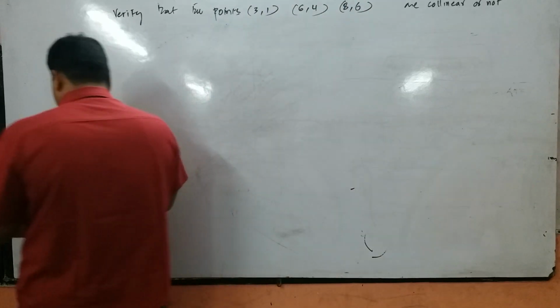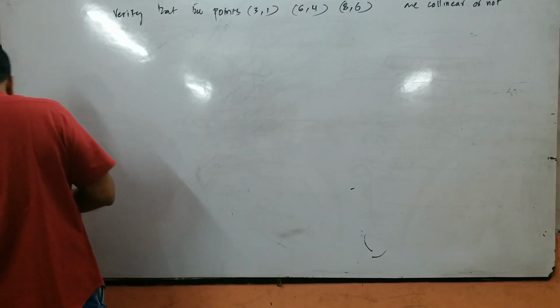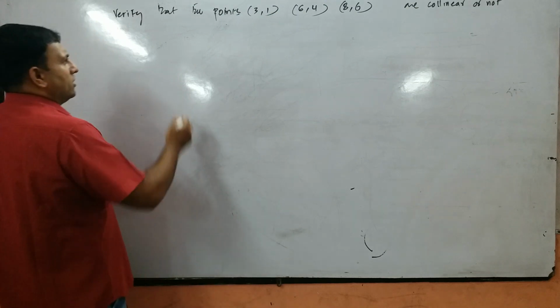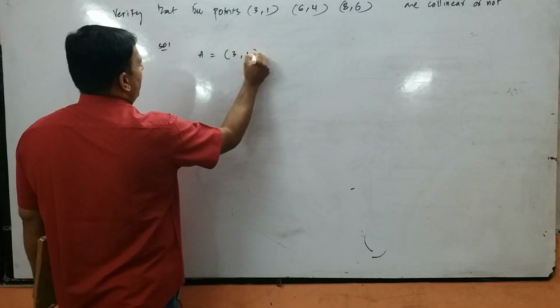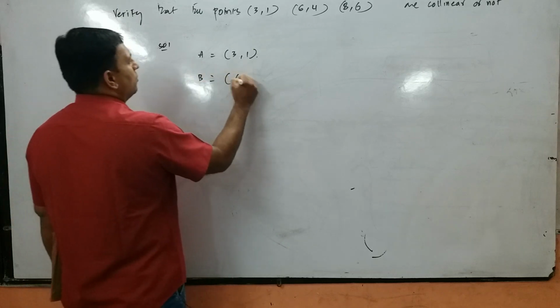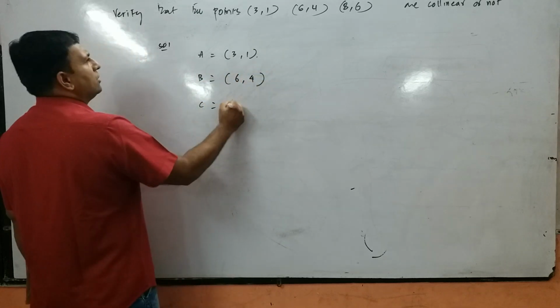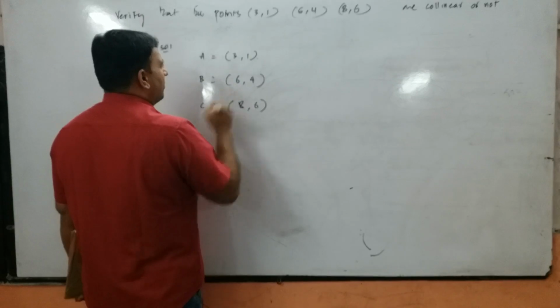Now I take these points and I will check whether these points are collinear or not. Now let A is equal to 3 comma 1, B is equal to 6 comma 4 and C is equal to 8 comma 6.